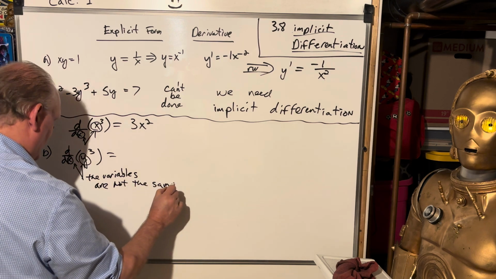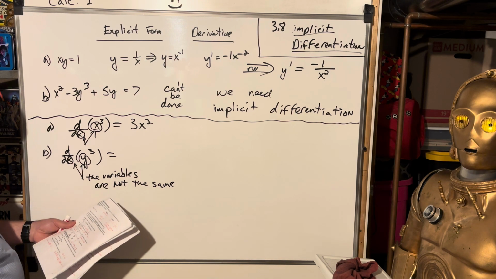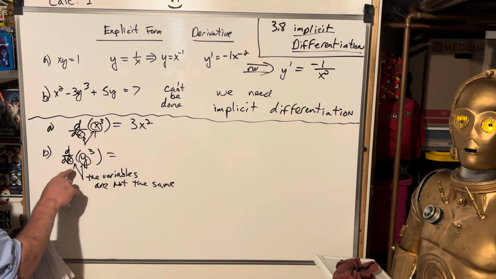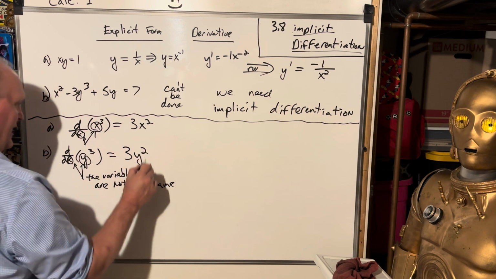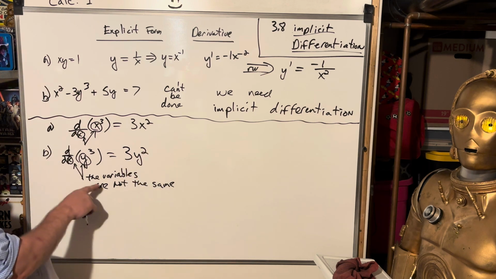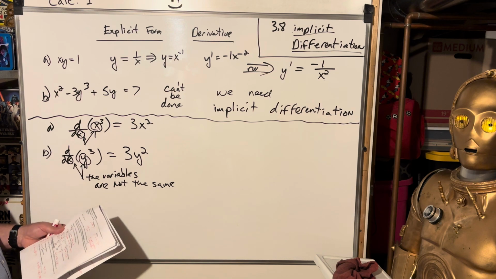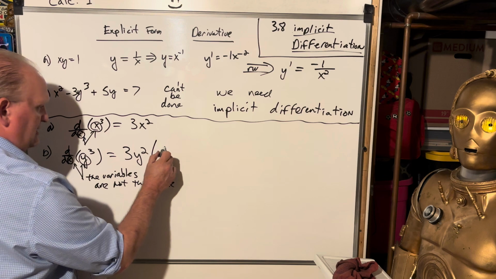So what we do is take the derivative like it was a y, like d dy, and that would be 3y squared. But then you don't get to just do that because these don't match. What you have to do after is multiply that by dy dx.